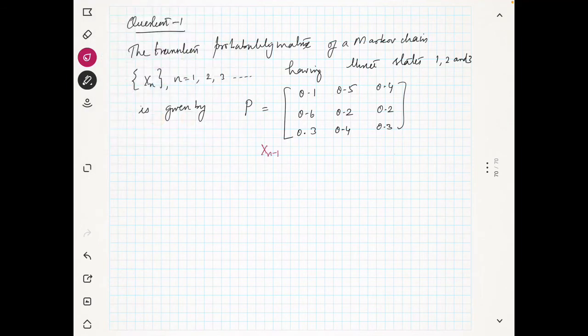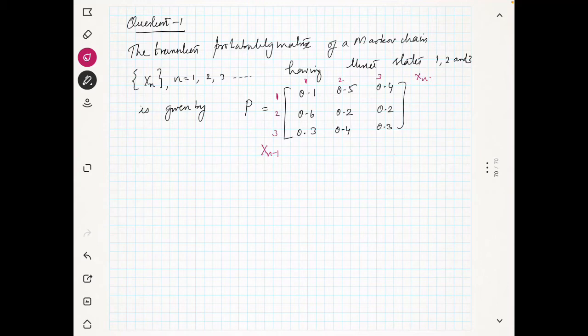Suppose this is xn minus 1 and this is xn, the next state. So the present state can be 1, 2 and 3, and the next state can be 1, 2 and 3. From 1 to 1 the transition probability is 0.1, from 1 to 2 it is 0.5, from 1 to 3 it is 0.4, and so on.